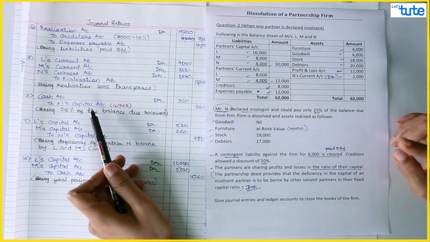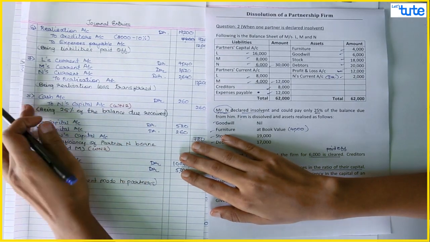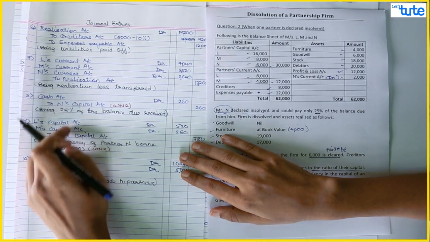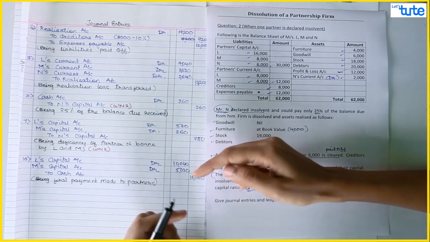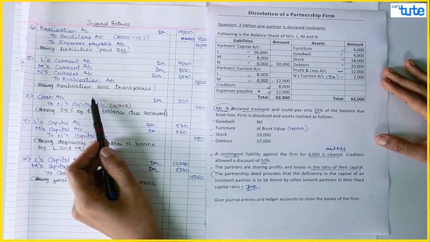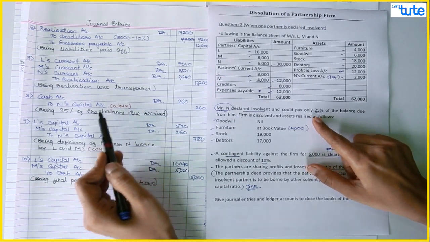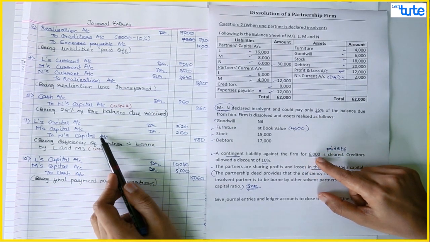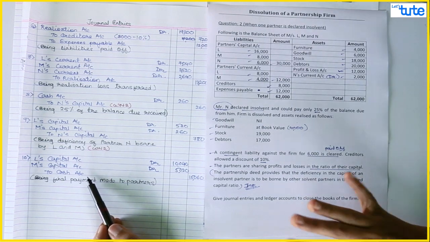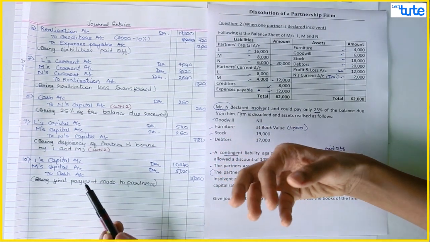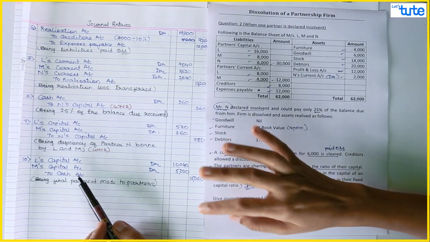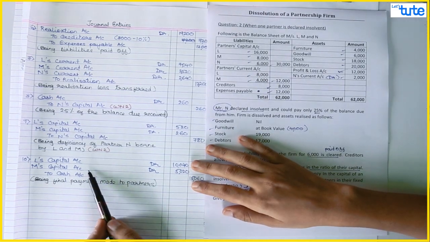Then since one partner is insolvent, from the 8th entry your insolvency part starts. When one partner becomes insolvent, we found out how much amount is due and how much is paying. So that amount is received through cash. Balance deficiency is borne by the solvent partners. And full and final settlement, whatever the final settlement is made to the remaining solvent partners, is paid through cash.